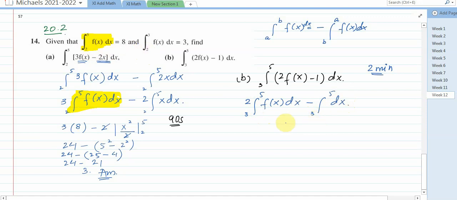What you will do now, for this part we need to use these two terms to find out the value from 3 to 5. In short, if I recall, we discussed from a to b and from b to c, so it is ultimately from a to c, right?